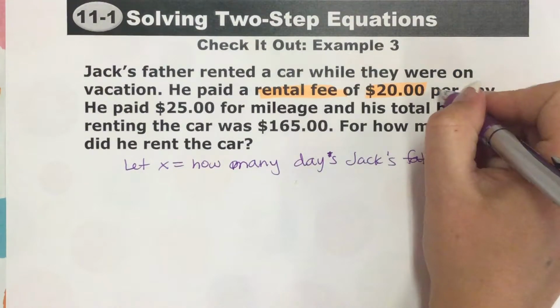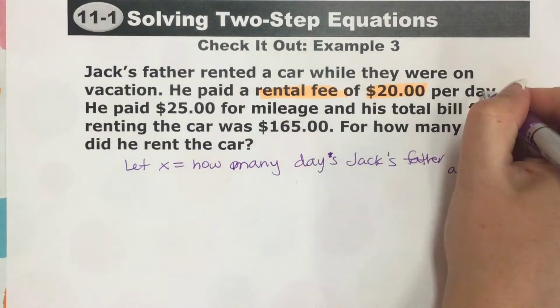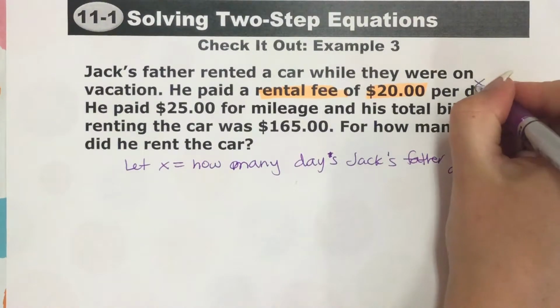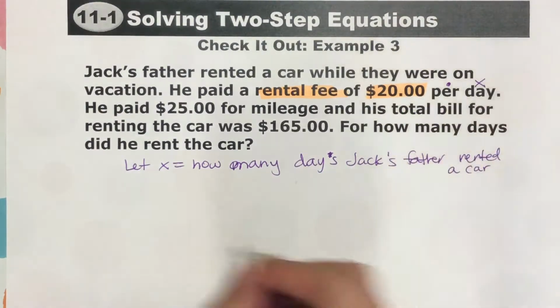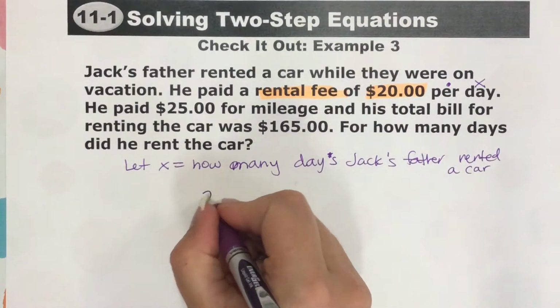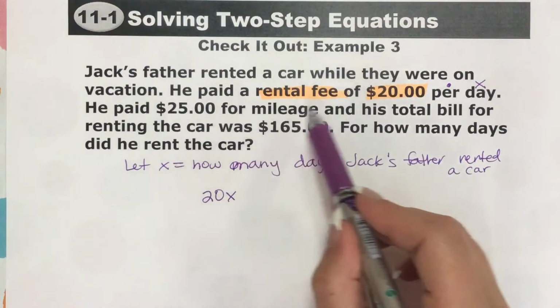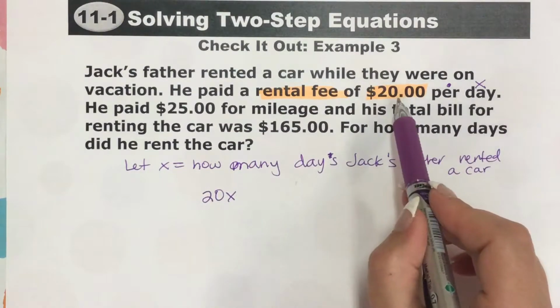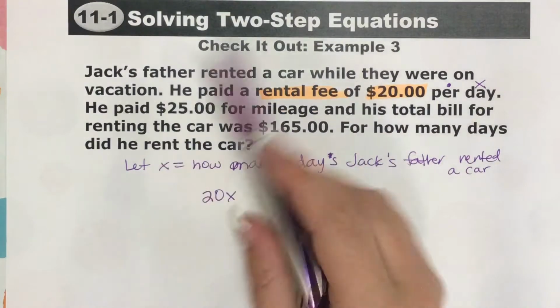So it's going to be $20 per day. Well, how many days? That's the thing we don't know. That's our x. So this per is going to be multiplication, so it's going to be 20 times x. That's $20 per day. So 20x.